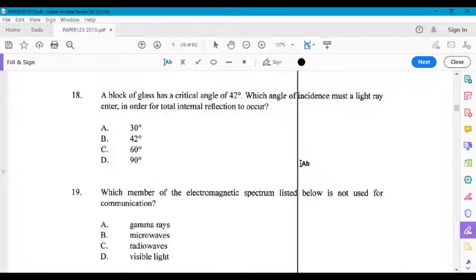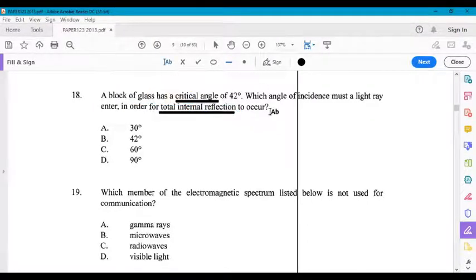A block of glass has a critical angle of 42 degrees. Which angle of incidence must a light ray enter in order for total internal reflection to occur? So just so we know what these terms mean, critical angle and total internal reflection.